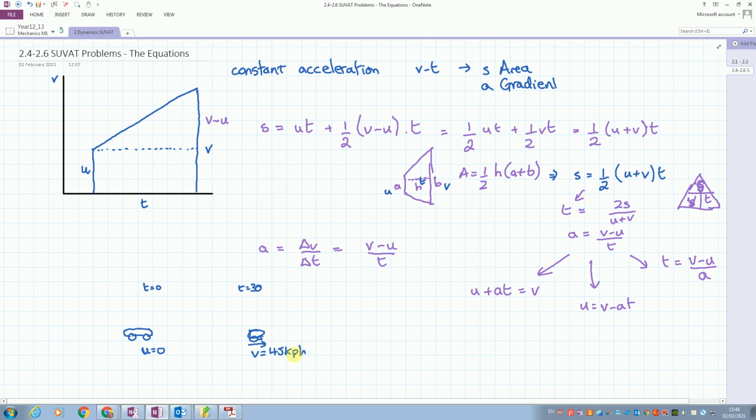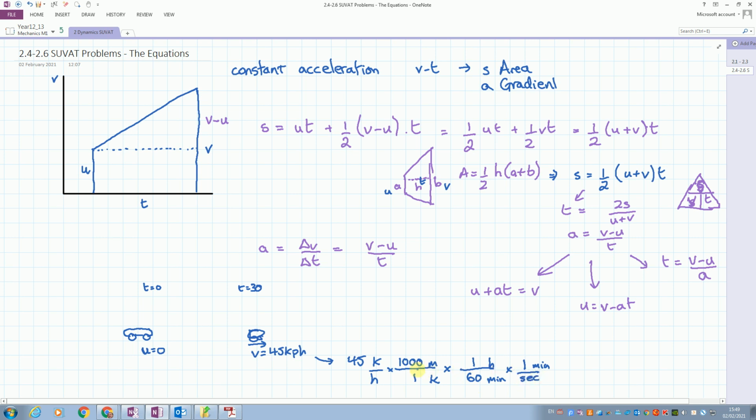We need to convert that into our units. To convert this to velocity in meters per second, you can take 45, and that's kilometers over hours. If I change the kilometers into meters, I multiply by 1,000 meters per 1 kilometer. To change hours into seconds, I divide by 1 hour, which is 60 minutes, and 1 minute is 60 seconds.